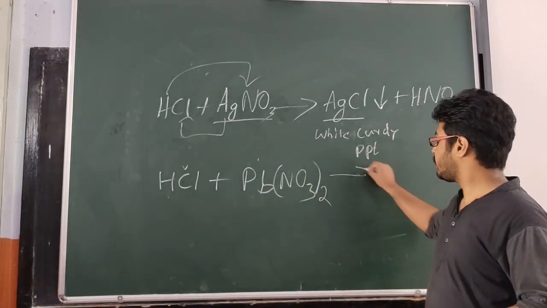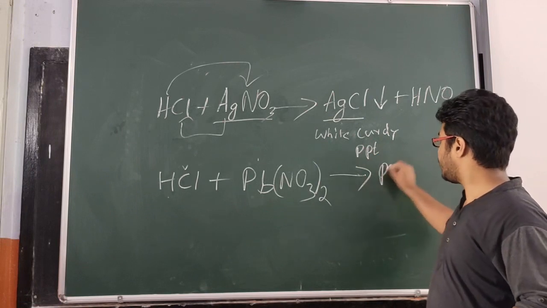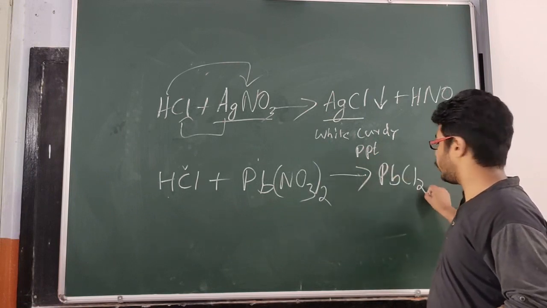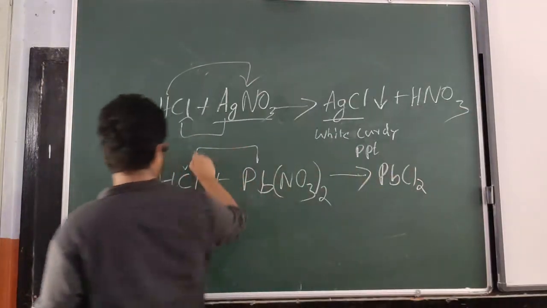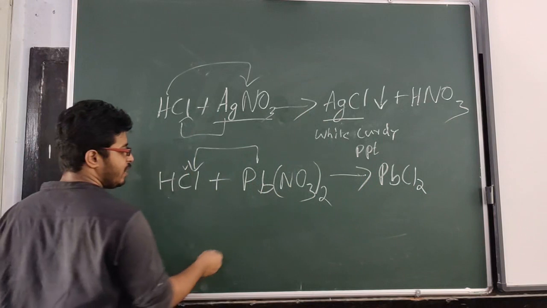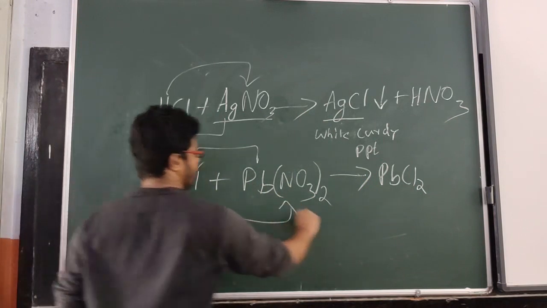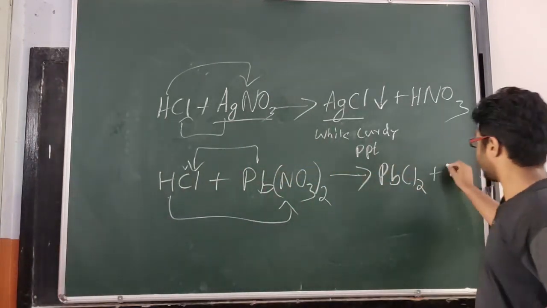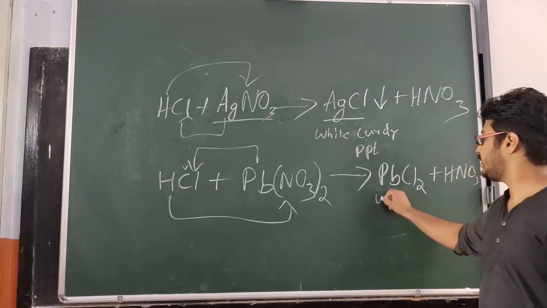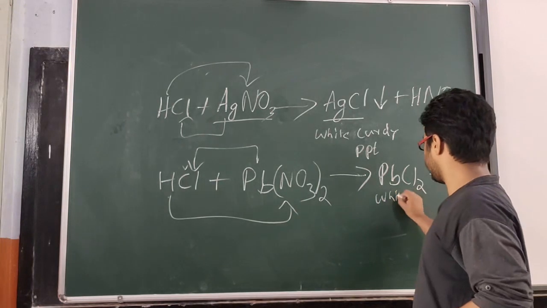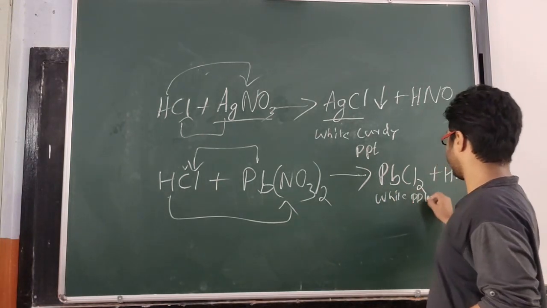So lead nitrate plus HCl, the product is PbCl2. It exchanges the anion with HCl to form PbCl2, and H and NO3 will form HNO3. The precipitate here will be just a white precipitate.